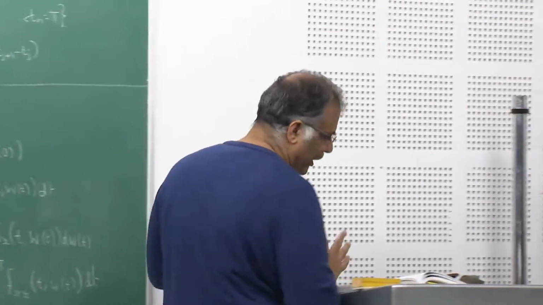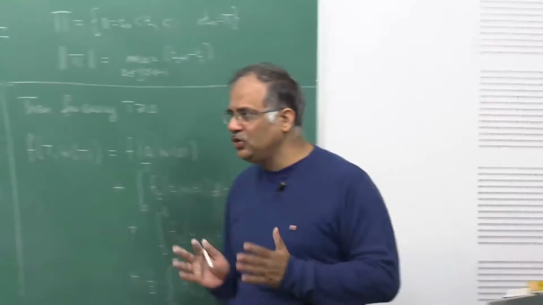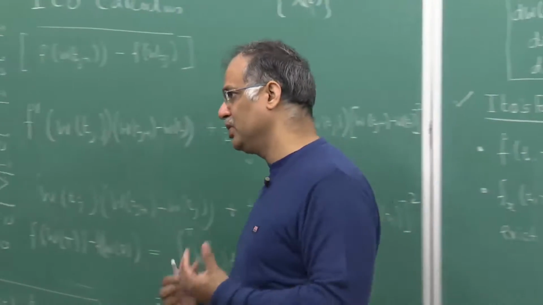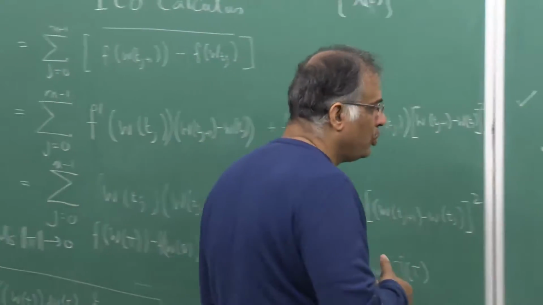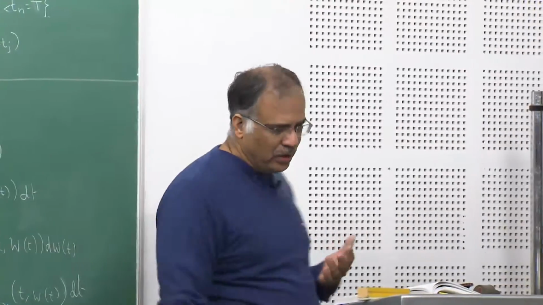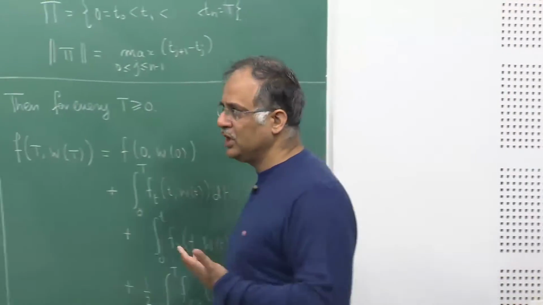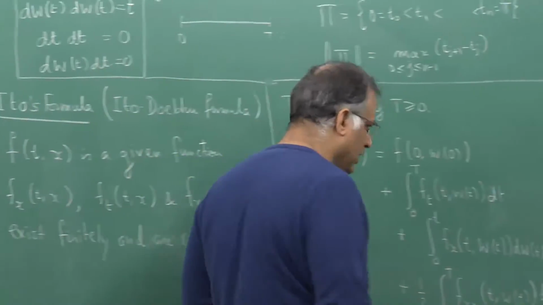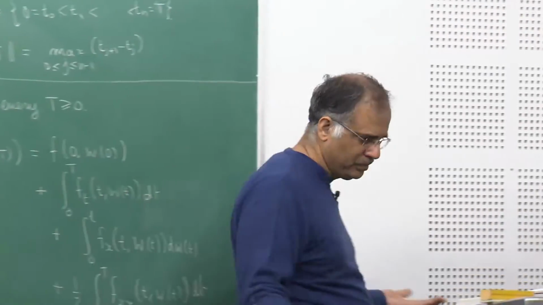If we can do that, then essentially we are talking about something called an Ito process. And what should be Ito's formula for an Ito process? What should be the quadratic variation of an Ito process? All these things will come in the next class, which you will see very soon.